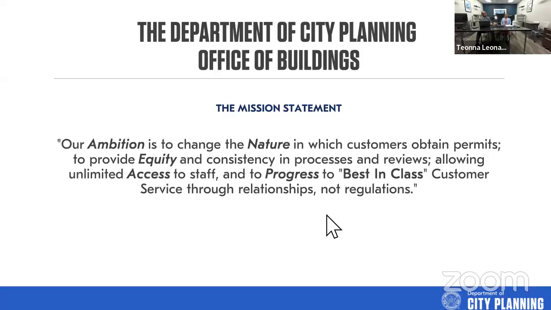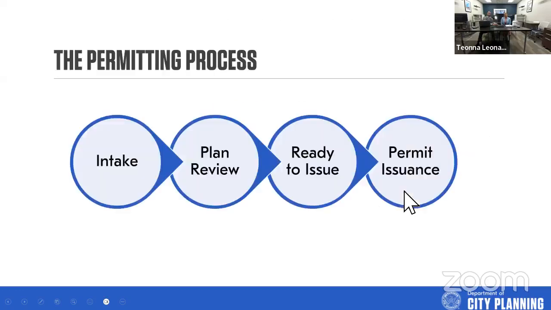We utilize the city design book, which has 5 pillars: ambition, nature, equity, access, and progress, to create a mission statement that we feel is our mission of what we need to do. And that is, our ambition is to change the nature in which customers obtain permits, to provide equity and consistency in processes and reviews, allowing unlimited access to staff, and to progress in best-in-class customer service through relationships, not regulations.